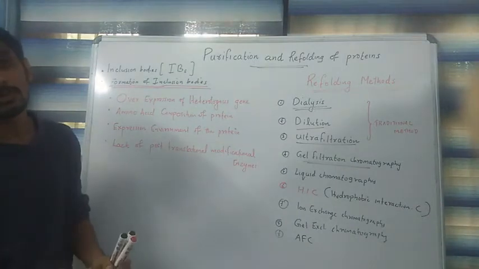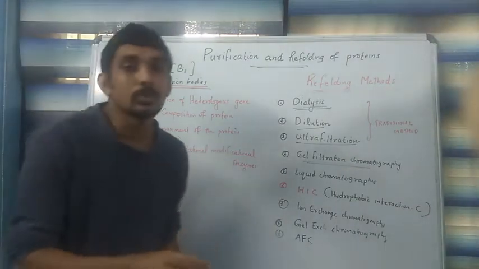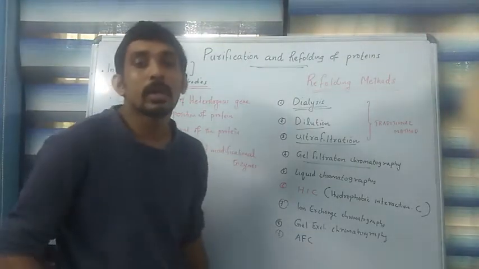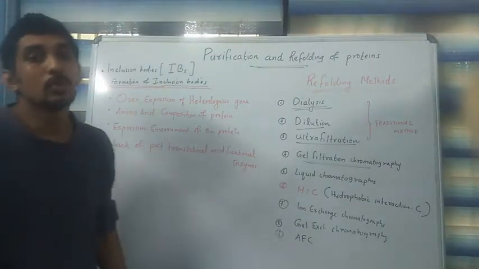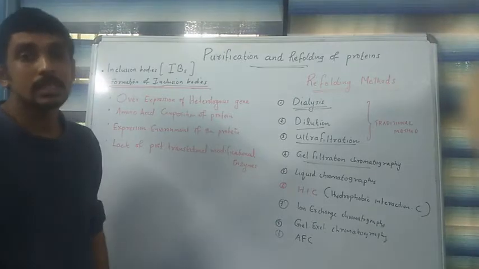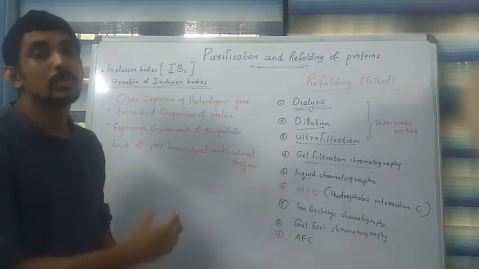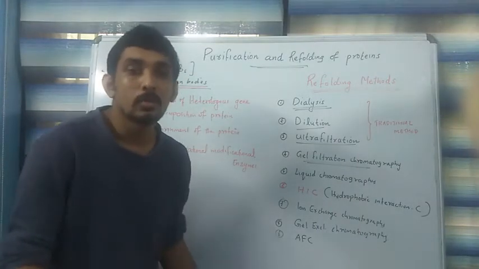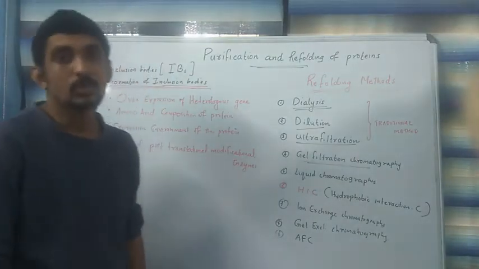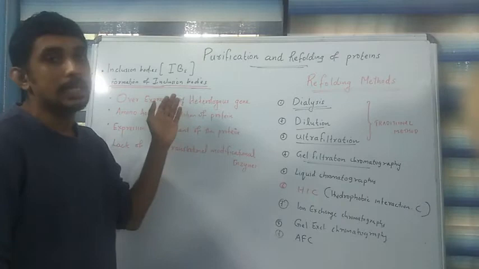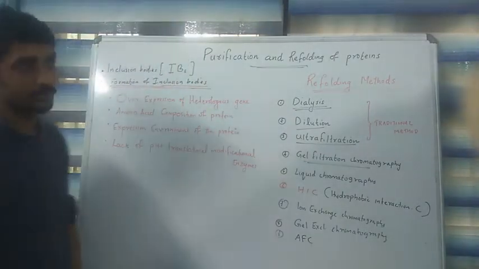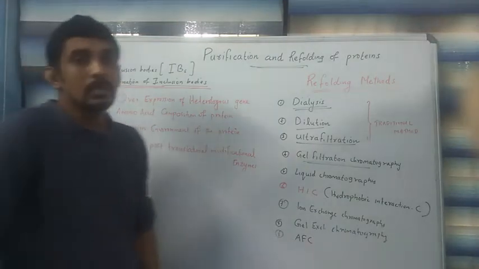So before making it economically valuable, we need to convert that non-functional inclusion body into a functional, normal, active protein. For that purpose we are focusing on purification and refolding of proteins. That's about the concept.